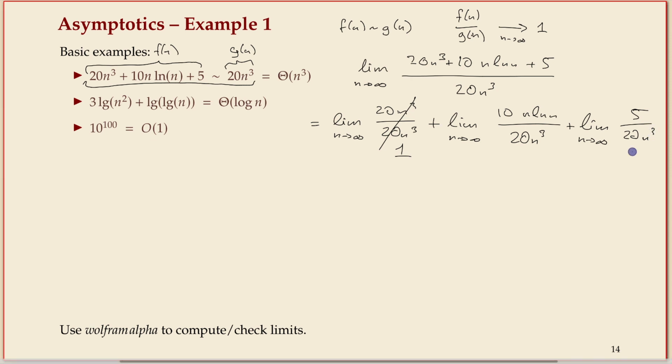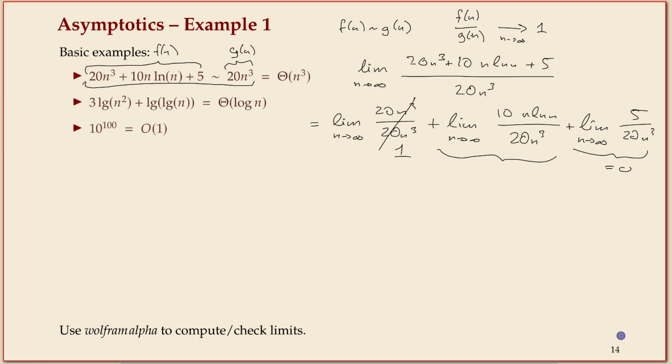Now this last one is maybe obvious without thinking. We have a constant and divide by something that gets bigger and bigger and bigger. So that's 0. For that one, you may have to think a bit harder, so we can cancel a few things. Here it's also still easy.